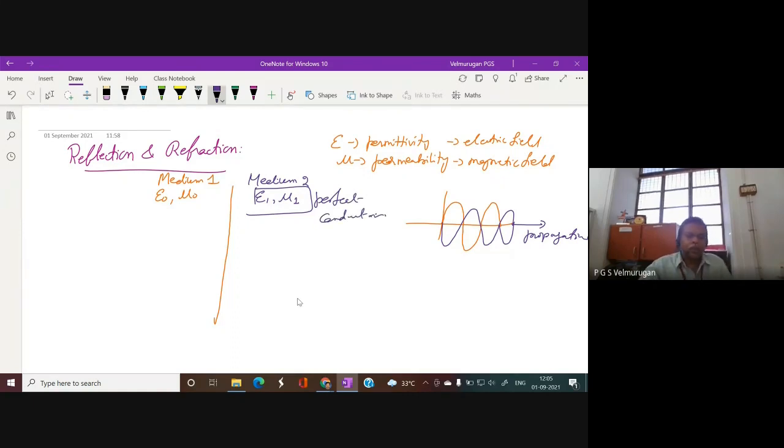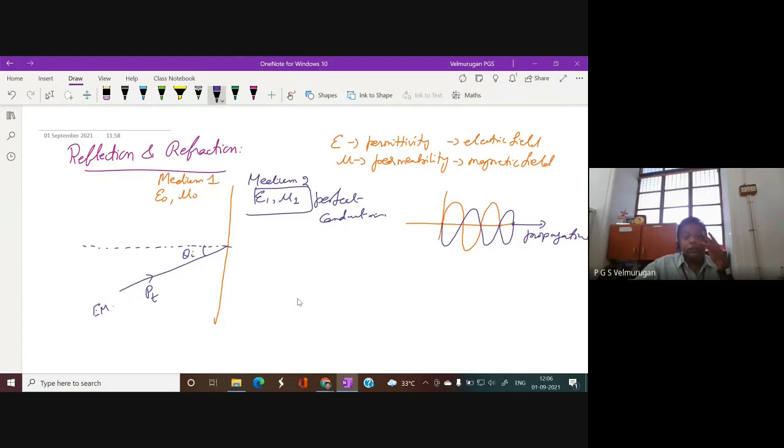Now your electromagnetic wave hits this perfect conductor with an angle theta I. Let it be the angle of incidence for this electromagnetic wave, and you are transmitting with a power of Pt.